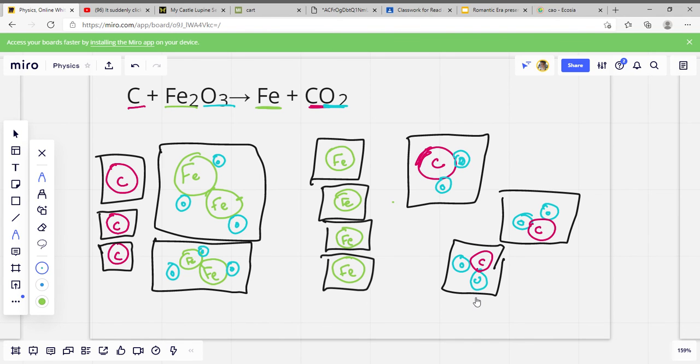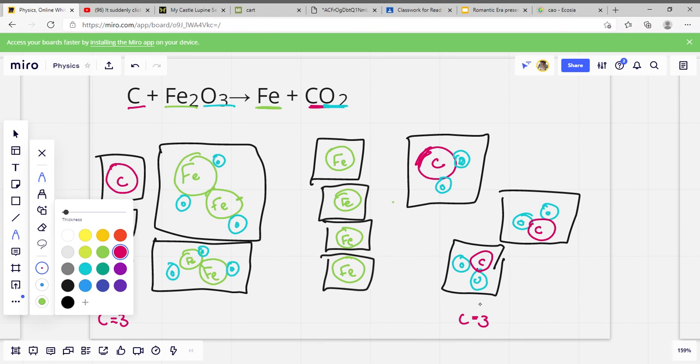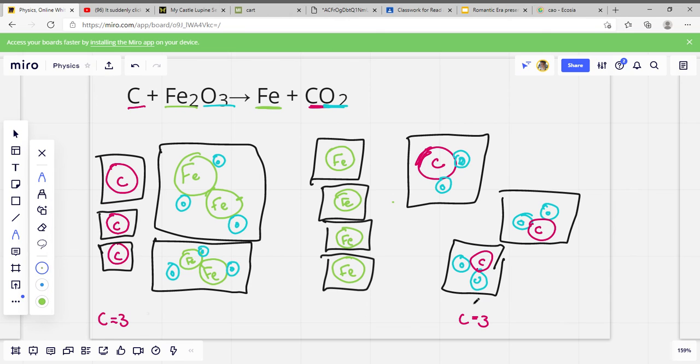Alright, let's see if it's balanced. So for carbon, I've got 3 on this side. And I've got 3 on this side. And then for iron, I've got 4 on this side. And I've got 4 on that side.